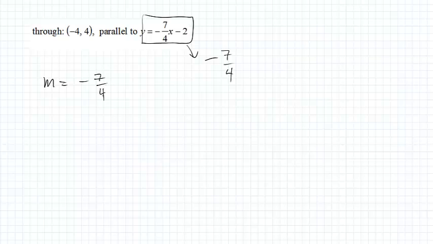I'm going to ignore everything else in that line equation because no other part of it is important to me. The only thing I care about is the slope, because my new line has to be parallel. Now, the point that I'm given is not the y-intercept, so I'm going to choose to put this into point-slope form.